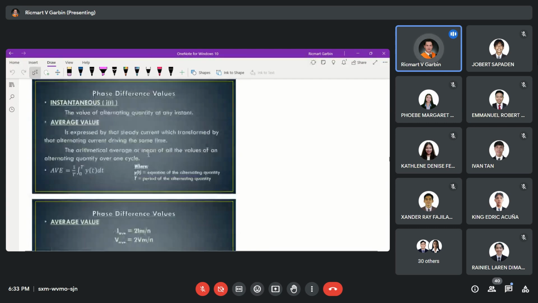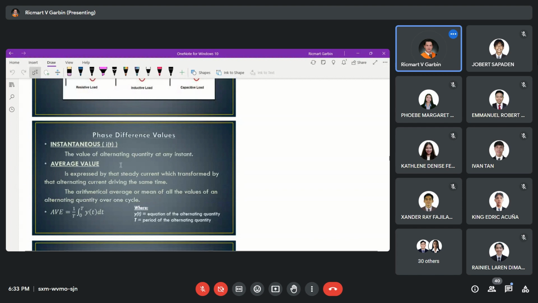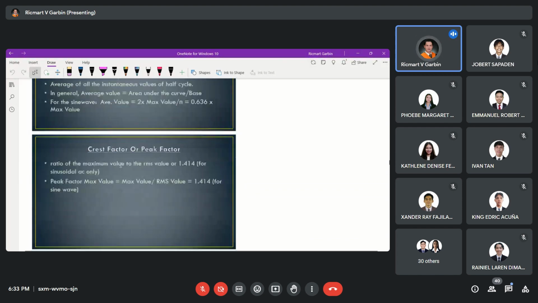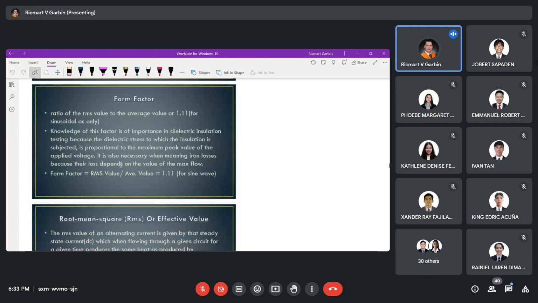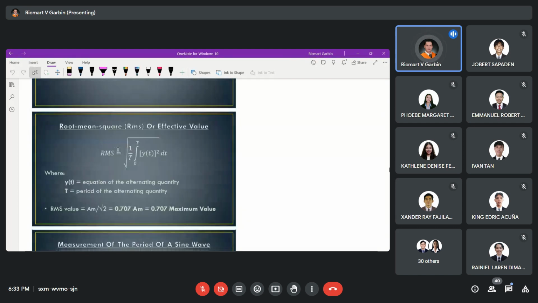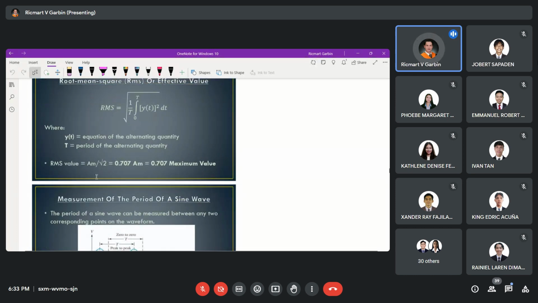So, di ba, inaral natin yung instantaneous, average, peak factor, form factor, tsaka yung RMS. Kapag inano natin yun, maximum yon.